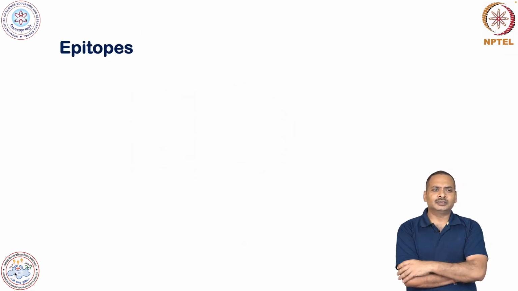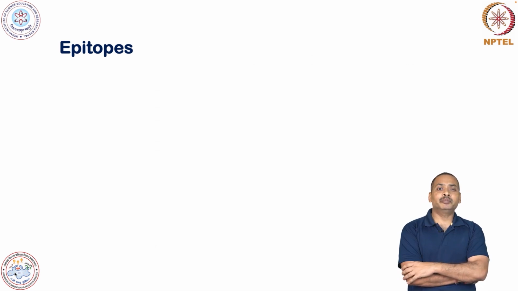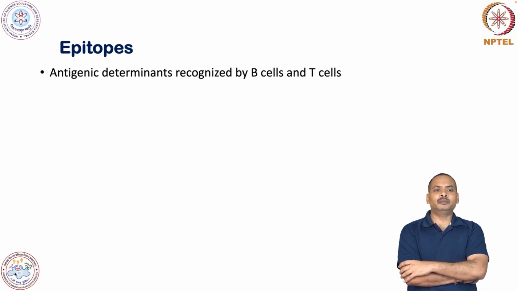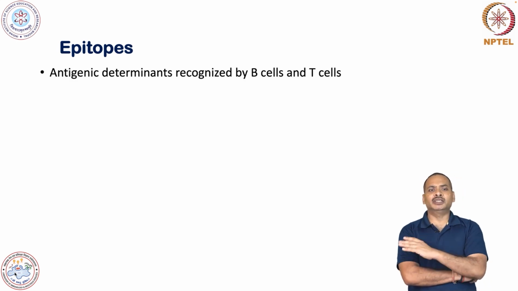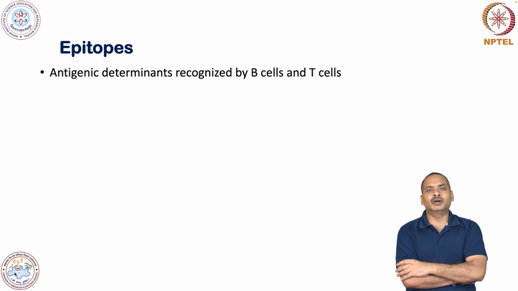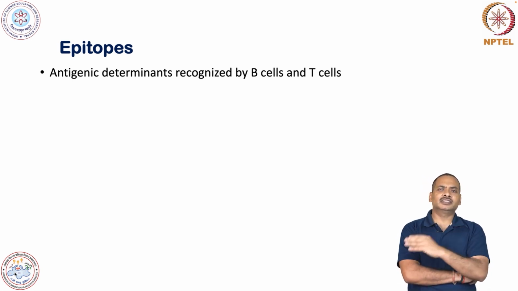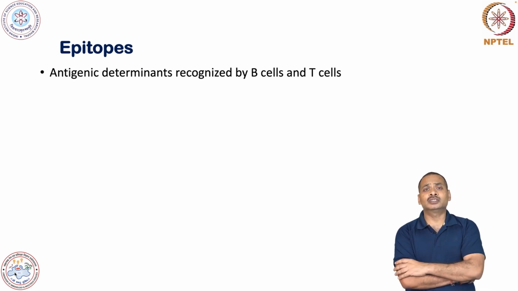So, there is a term known as epitopes. Okay. So, what is epitope? Epitope is nothing but antigenic determinants recognized by B cells. And these antigenic determinants are also present for T cells.